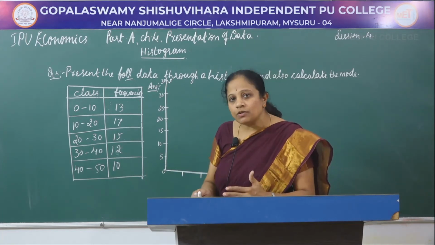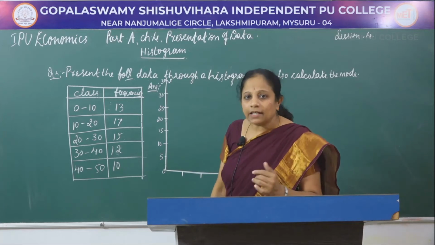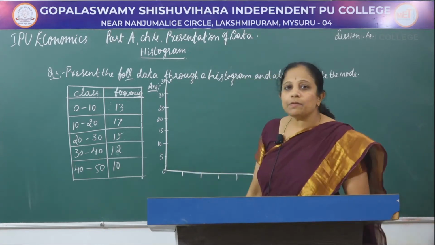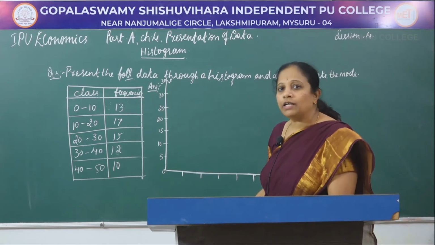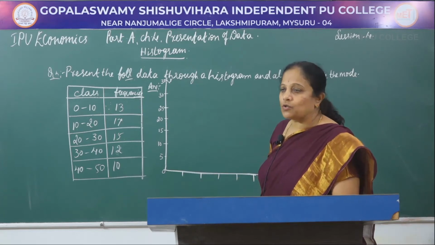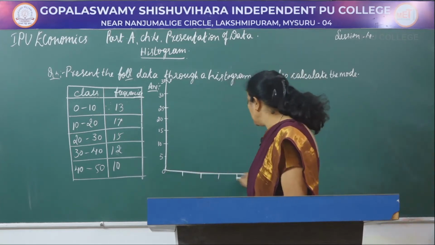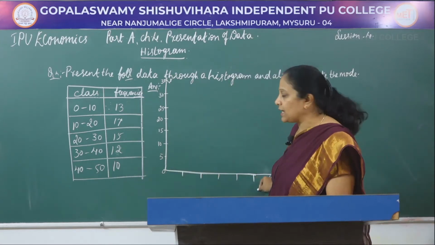Then we have to decide about the marking of these frequencies in a graph. Here I am explaining on the blackboard. You can even use a graph sheet, or on an ordinary white sheet you can mark this in the form of a histogram. Now we have taken 2 lines, one the vertical line and the other the horizontal line.